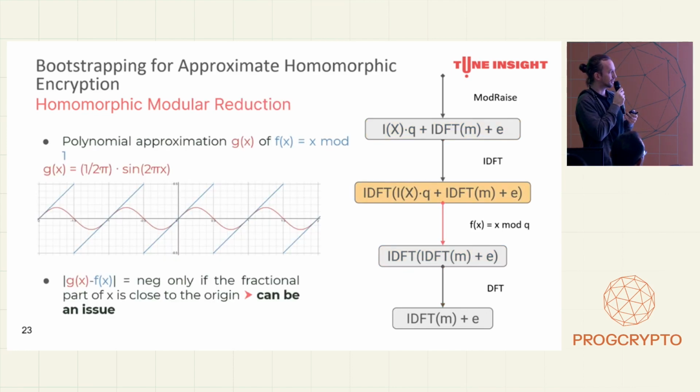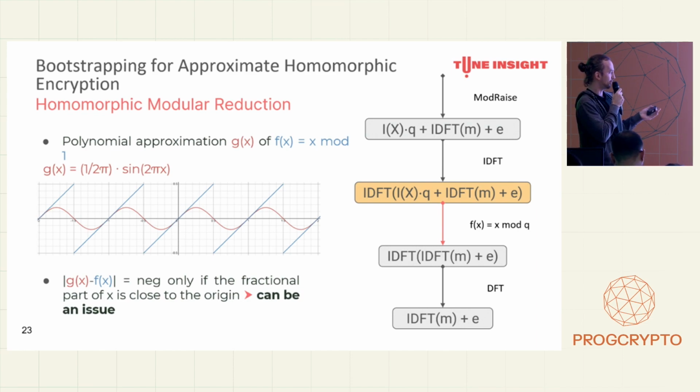However, the homomorphic modular reduction is harder to do because the issue is that it's not a linear operation, and it's not an operation that is easy to represent with a polynomial. So the first proposal for how to do this bootstrapping was to use trigonometric functions because they are periodic and they are smooth, which means that you can have nice polynomial approximations.